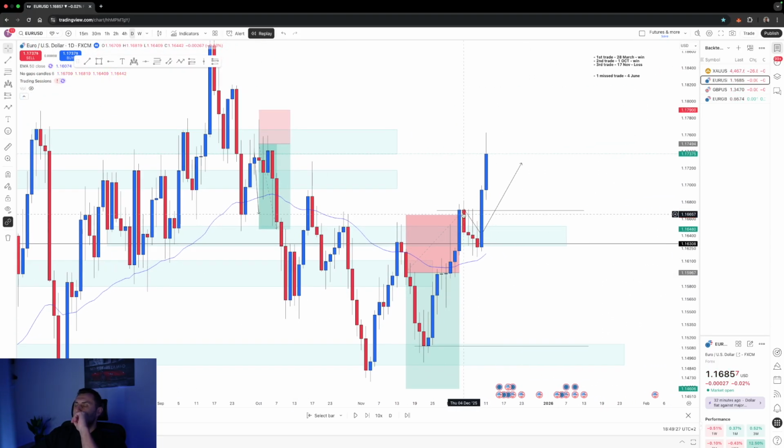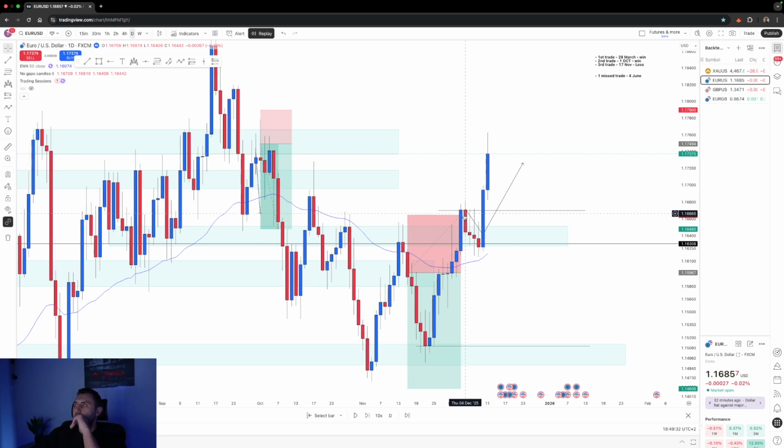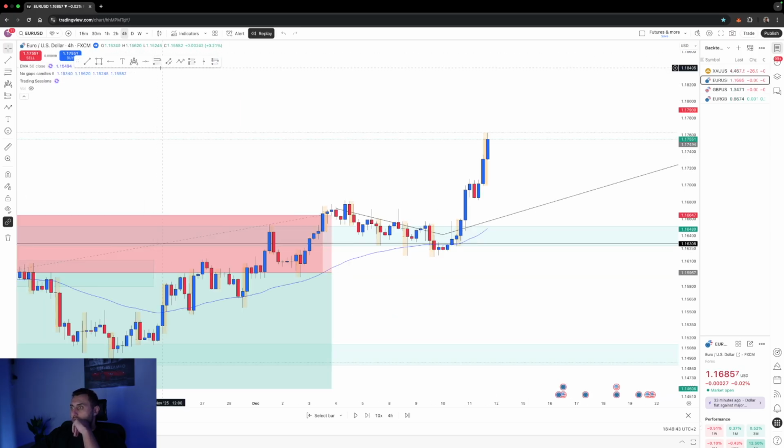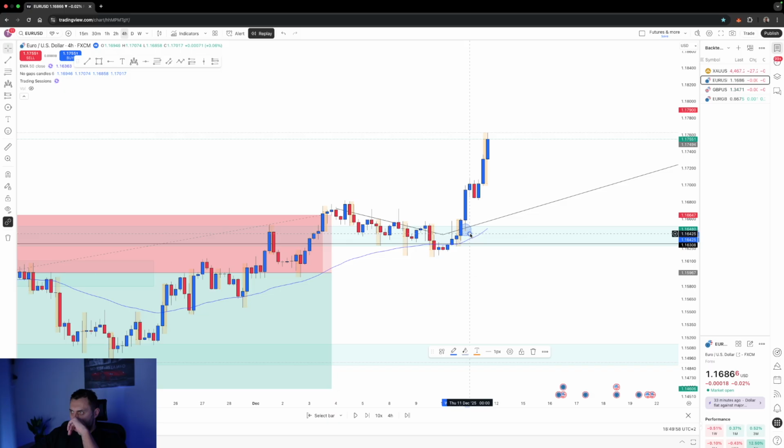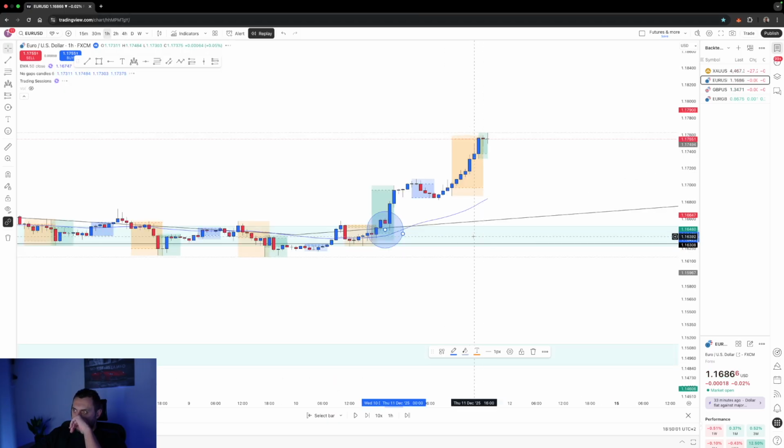In this case I would have gone to the lower time frames, but in this moment, when I was looking at the chart, I didn't feel like going to the lower time frame, because the only way I could have caught this trade was somewhere around here. And if we look at it, it's basically here.